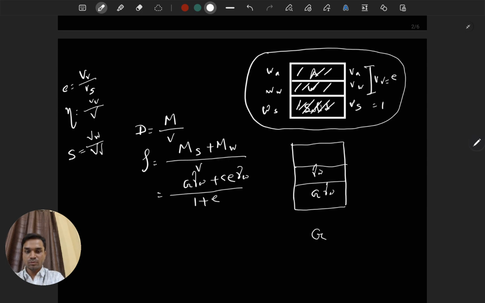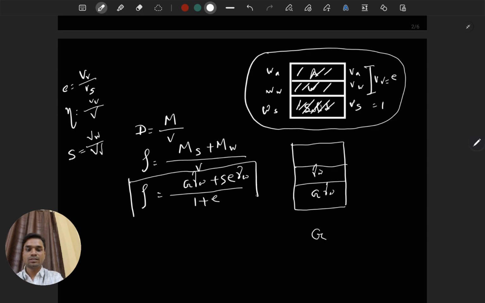So S is also required. e is the void ratio, the total void quantity-wise, and S is the fraction of it filled with water. Just place e and S, and multiplied by gamma it becomes the total weight of the water. I hope it's clear.